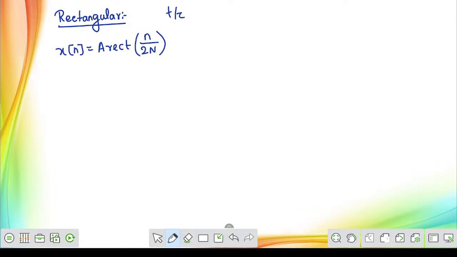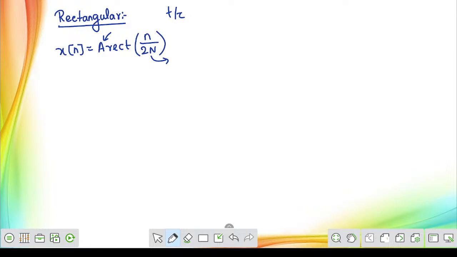This is how we represent a rectangular function. Its magnitude will be a, and 2N represents the width of the signal. So based on the N value they give, you can draw the waveform.